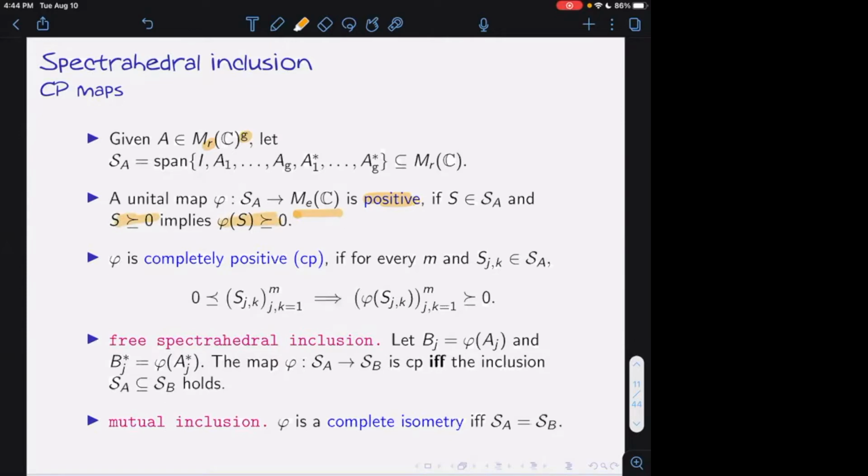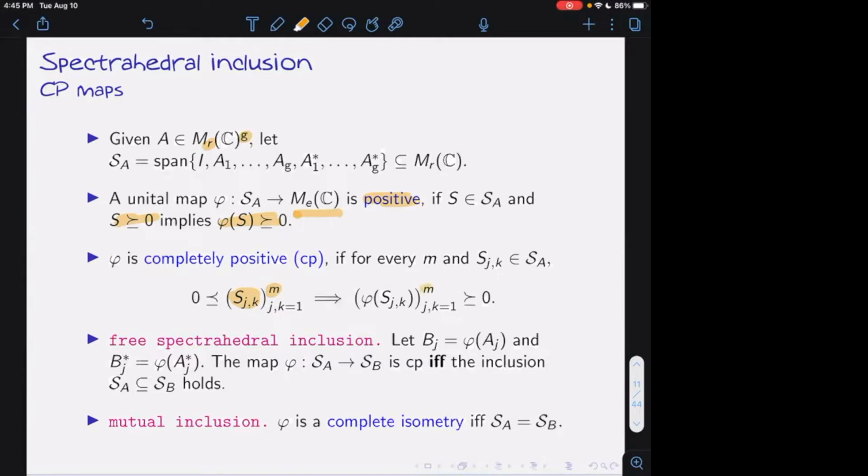And then phi is said to be completely positive if the following holds. If you take an M by M matrix whose entries come from this operator system script SA, so we build a block M by M matrix with entries from SA, we ask if that's positive, then what we get by applying the map phi entry-wise should be positive.